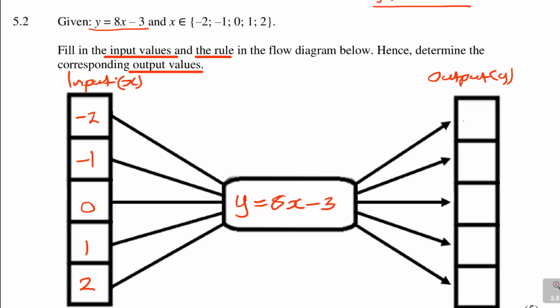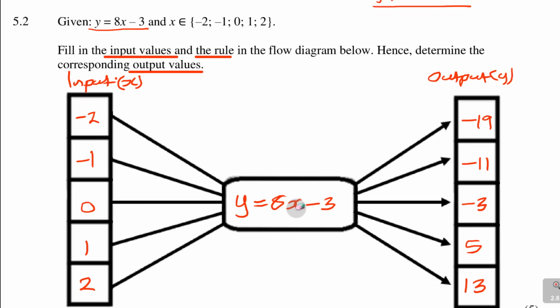It was what? Minus 19, was it 11? I'll check. Minus 3, this was 0, and then 5 and 13. I think I need to correct this one for when we put a 2 here. I think it was when we put a negative 1 here. That is correct, so it's fine there.